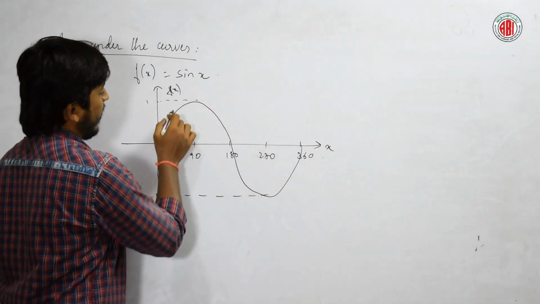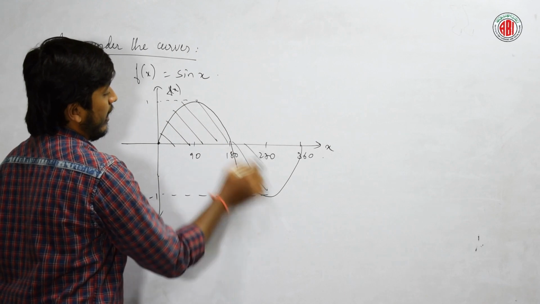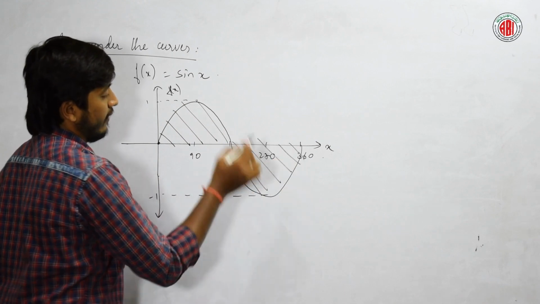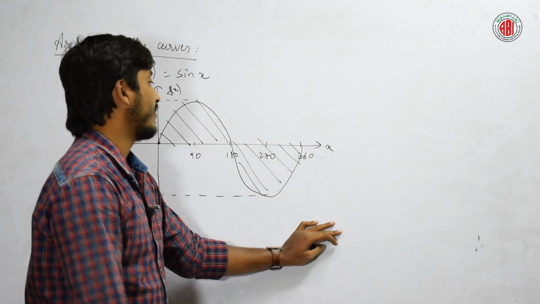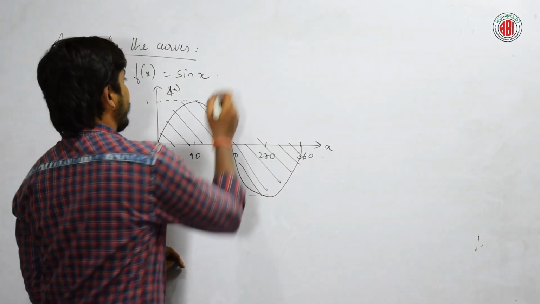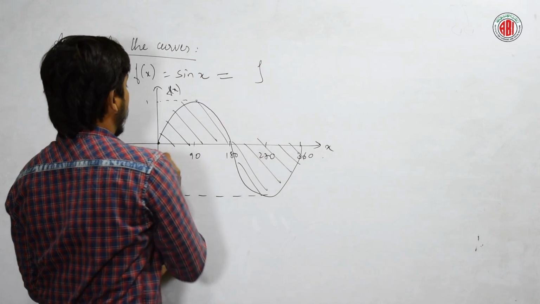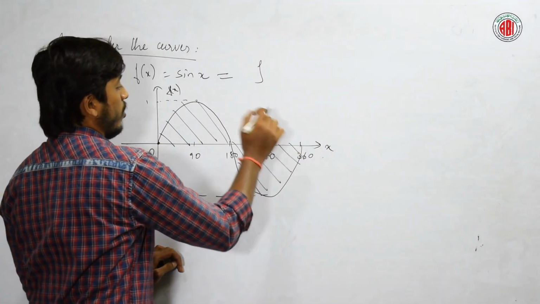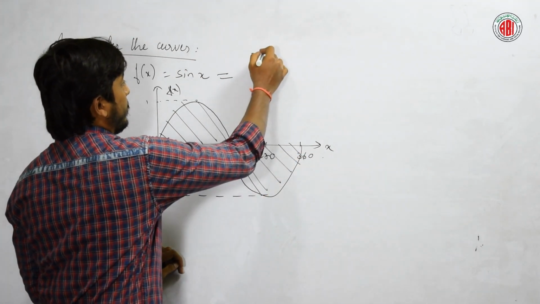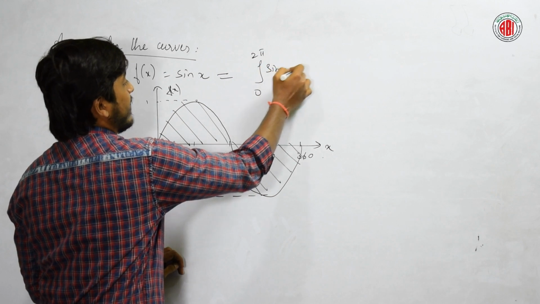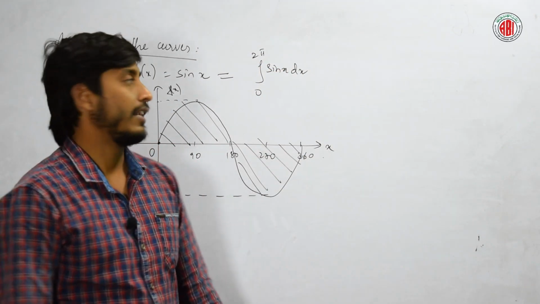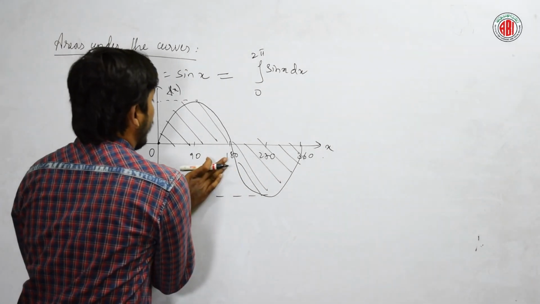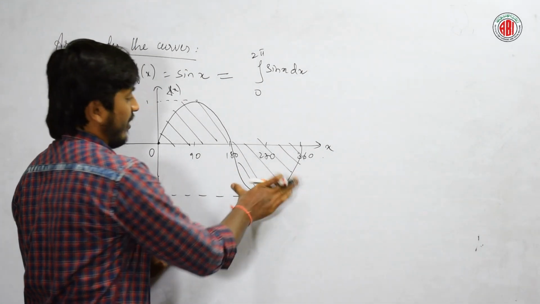So how do we find the area under this curve? How can we do this? First let us separate it. That is nothing but finding the area from 0 to 2 pi of sine x dx. Yes or no? Fine. If you observe here, whatever the area is here, the same area will be here.